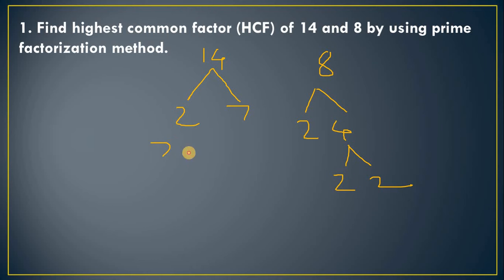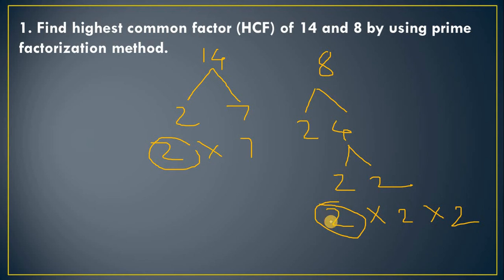So the factors are 2 into 7 and 2 into 2 into 2. Which number is common in both prime factorizations? 2 is common, so you can directly write HCF is 2. This is the way to calculate the HCF. The important thing is that you pick up the common number.